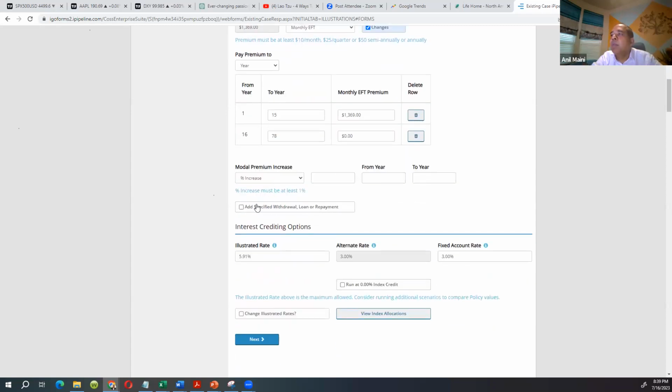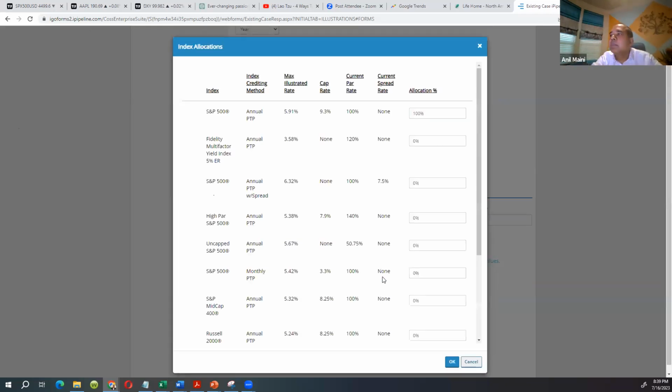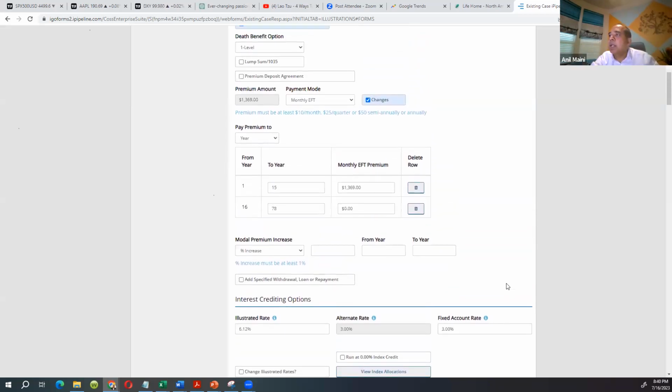Model premium, no premium increase, and then okay, let's view the index allocations. We will do S&P annual P2P and S&P annual with cap rate. So 50% here and 50% here. Okay.